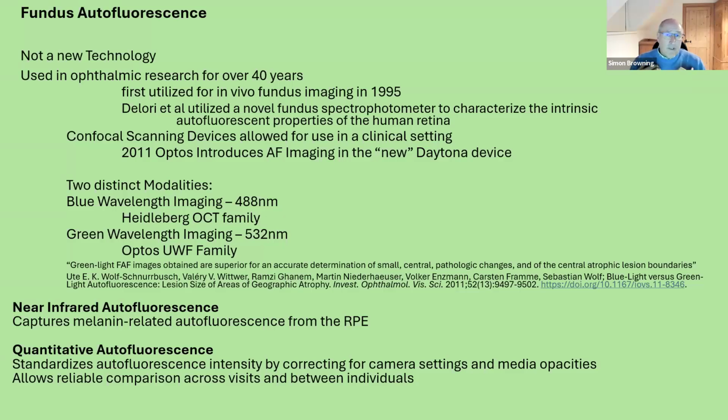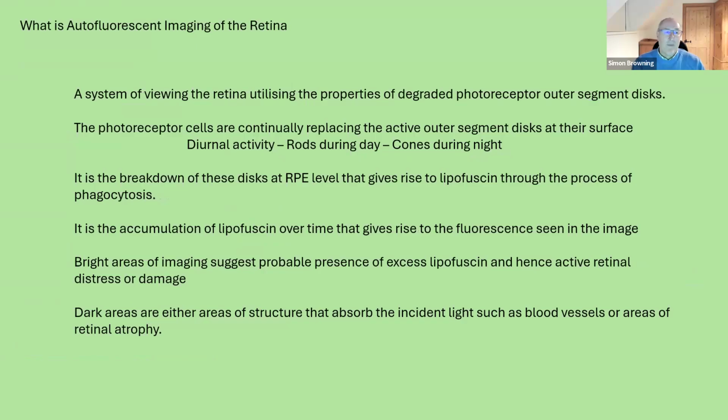So for a scientific or research setting, quantitative autofluorescence is absolutely essential. Now, neither of these two types of autofluorescence are actually readily available in the high street setting yet, but undoubtedly, especially near infrared, will be coming forward into the high street. And it shows what people now see as the value that autofluorescence brings.